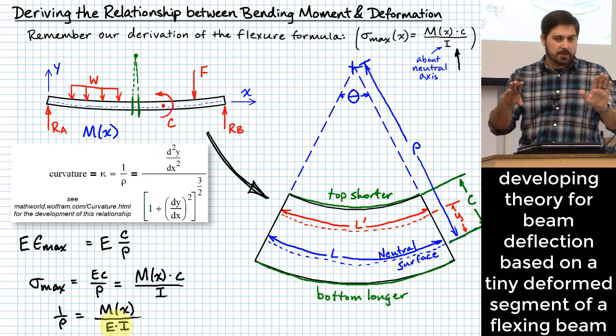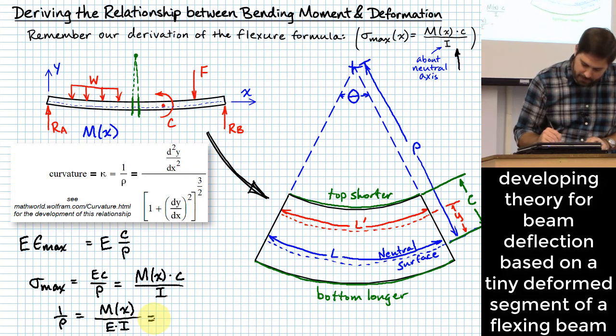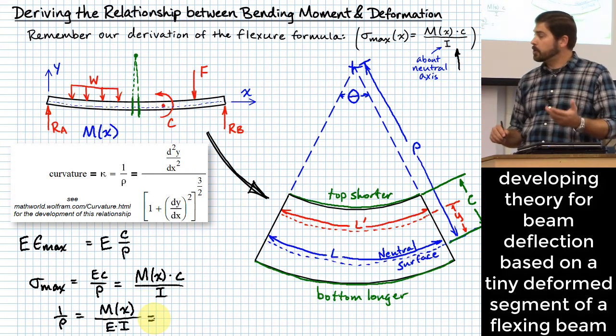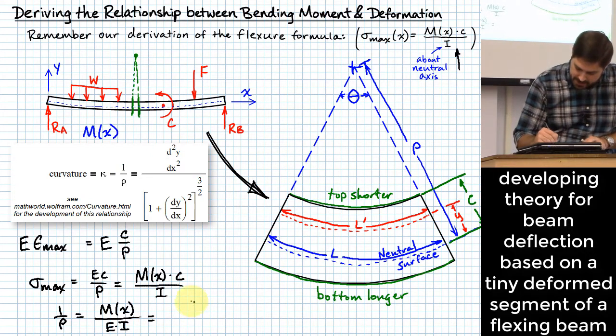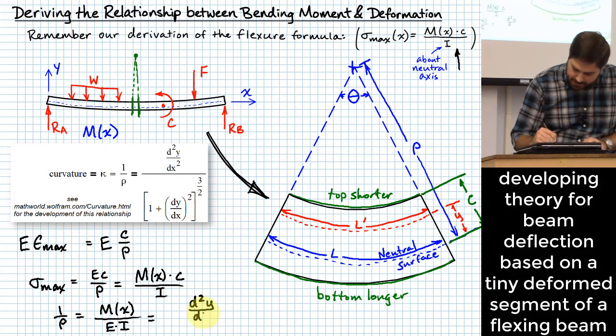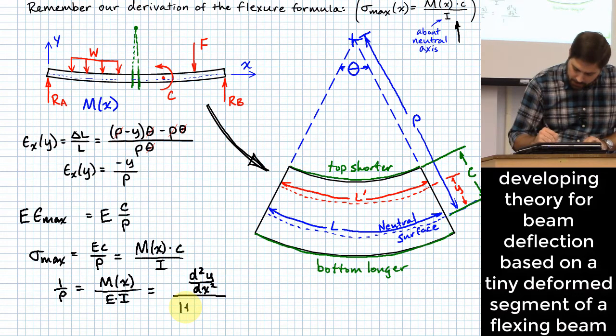But you've got to use some derivatives. And here is the function, which I won't spend time trying to prove right now: the function for 1 over radius in the xy plane is the second derivative of y with respect to x over 1 plus the first derivative of y with respect to x, squared, all this to the 3/2.